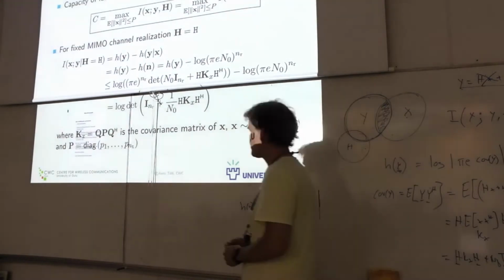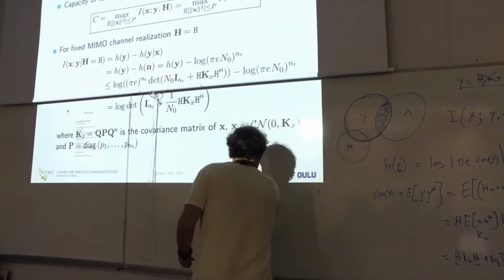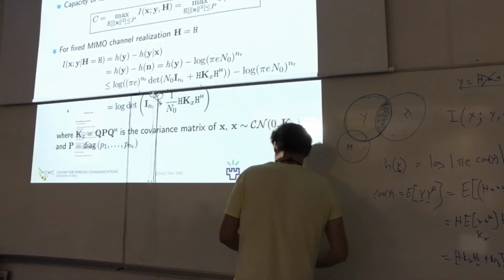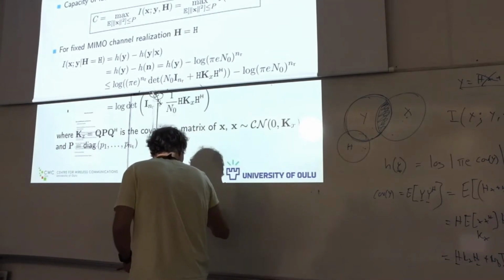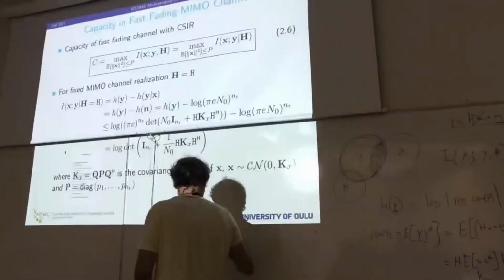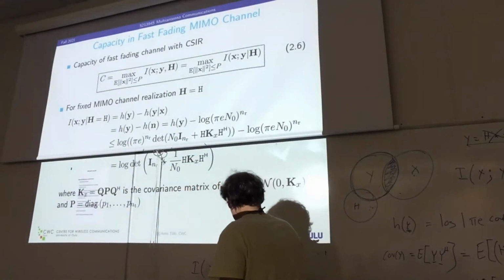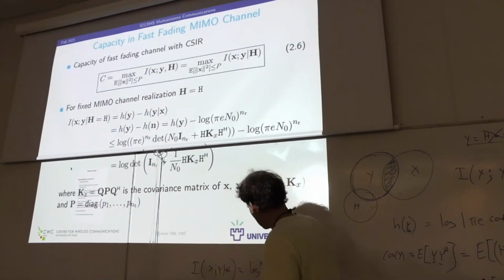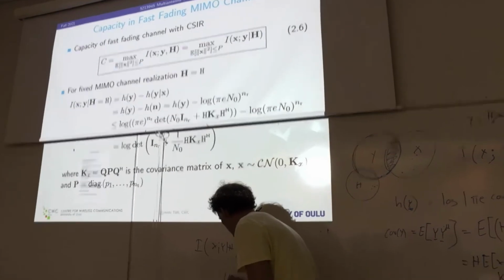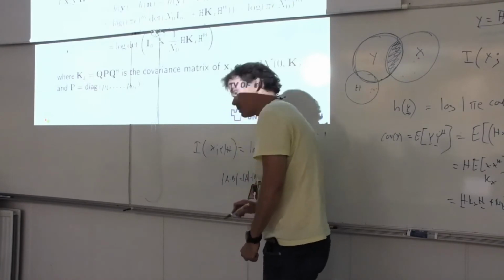Now you just plug in these values. Let's just try it once more. So we have the mutual information between x and y. We have the differential entropy of y. We compute it with the log determinant, and we can take the pi e out. We can use the rule that the determinant of A times B is the determinant of A times the determinant of B, right?